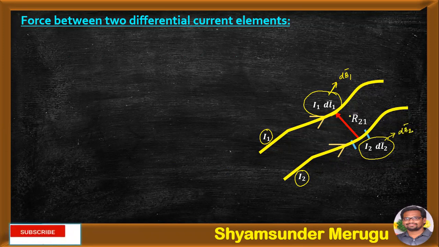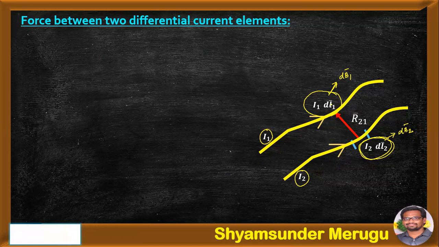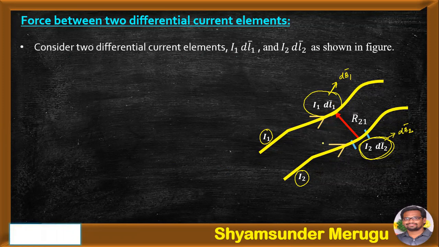So what we are going to do here is, due to the field produced by the current element I2 dl2 bar, we are going to find out what is the force that is exerted on the current element I1 dl1 bar. So let us start the derivation part.